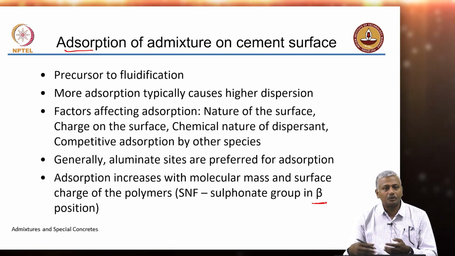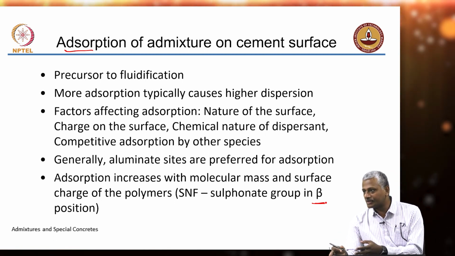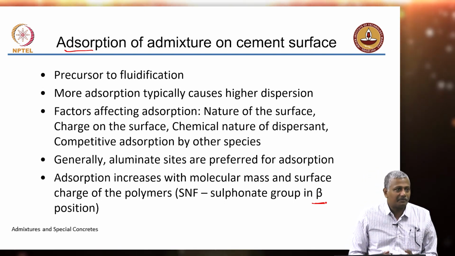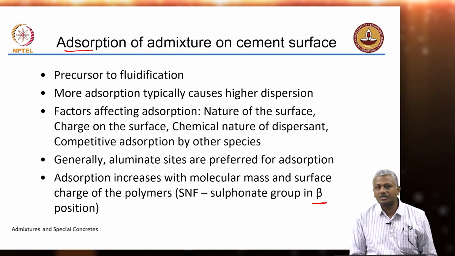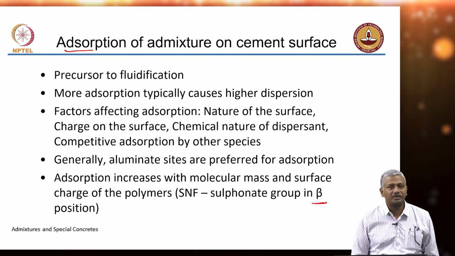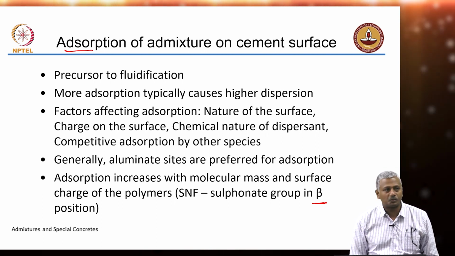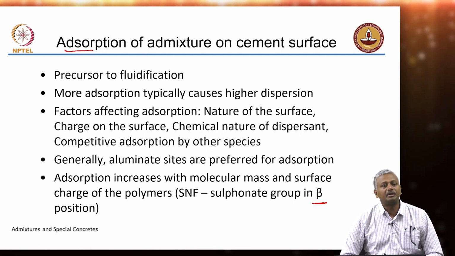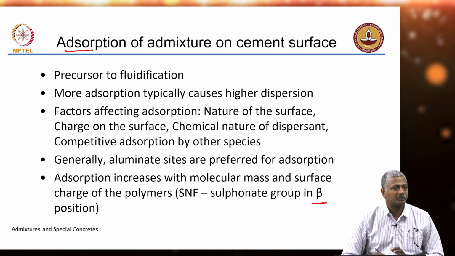At other times when you do not have the process that leads to this formation, you may not get the same level of effectiveness, and this can actually happen with the same product. As a civil engineer in the field, sometimes we are baffled as to why this is working one time, the next day it is not working. One of these factors that contributes to that variability in the effectiveness could also be this aspect.